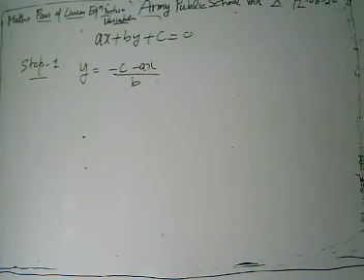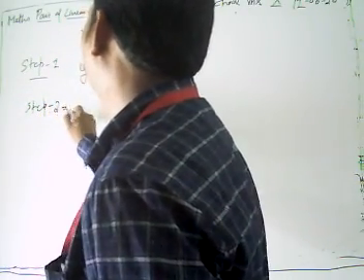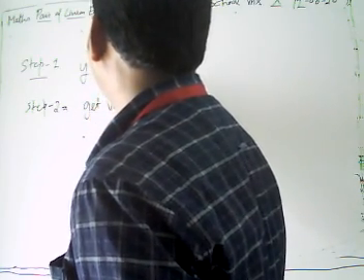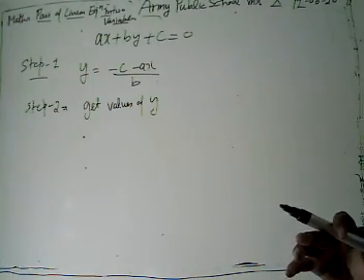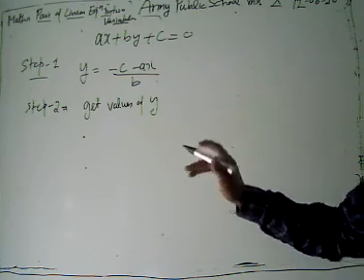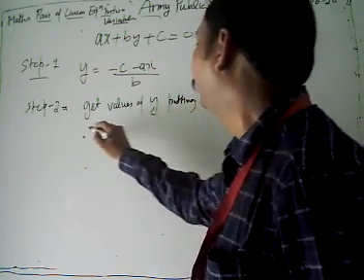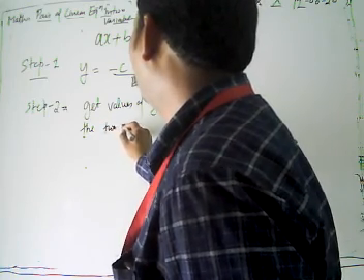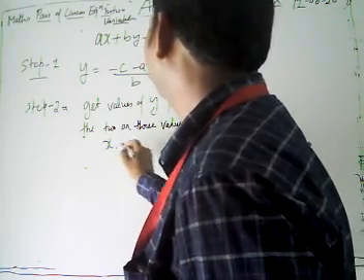And in step 2, what do we do? We find the values of y by putting 2 or 3 values of x.